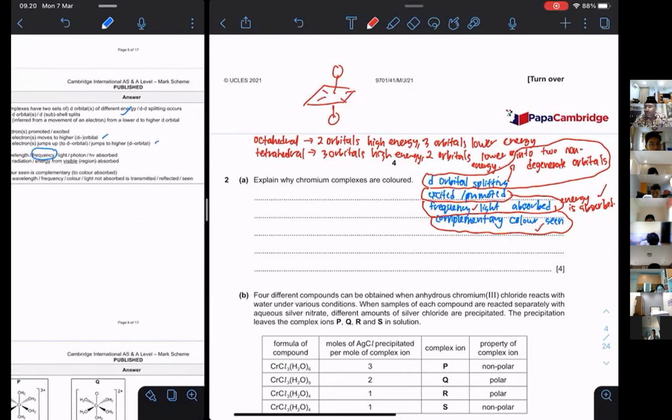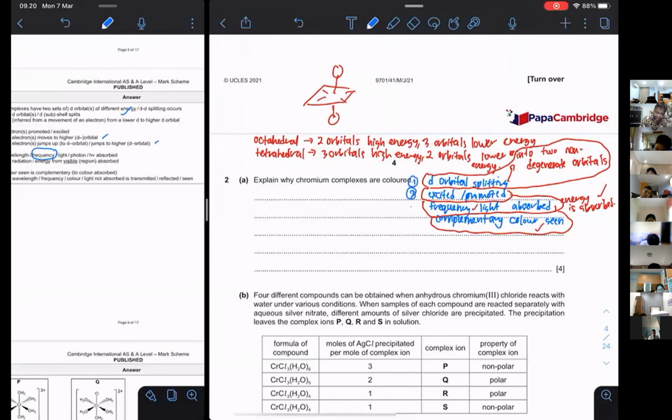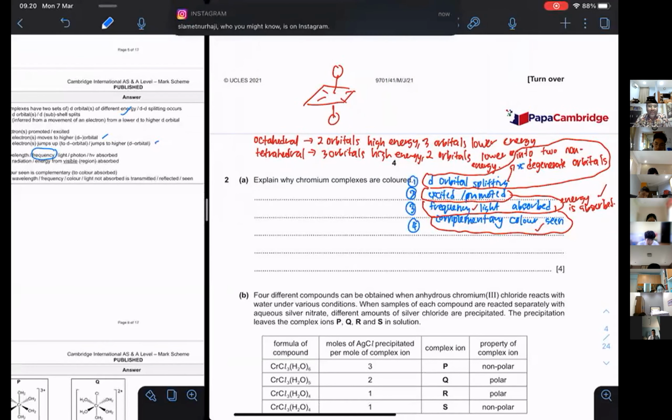I remember all these points because it's like a script. Every single time they ask you this question, these are the things that are available, and I have even memorized it already. You can do the same. But the new thing I'm asking you to add is the 2 non-degenerate orbitals, in case they ask more.